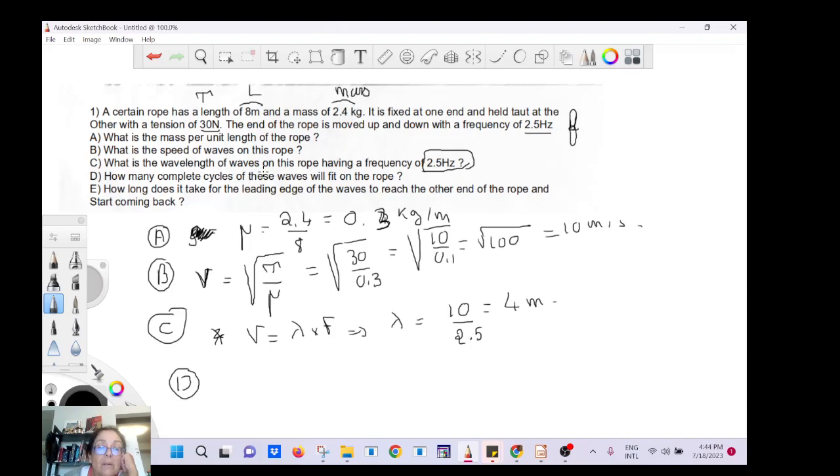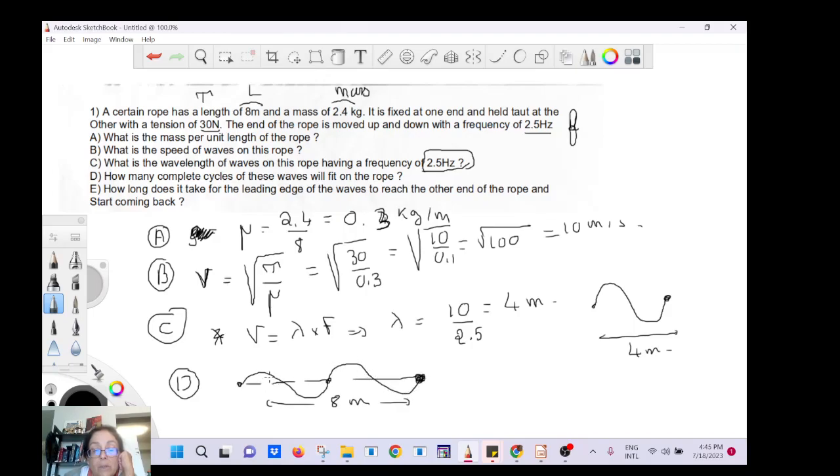Okay, D. So how many cycles of these waves will fit on the rope? So it's 8 meters long, right? So from here to there, it's 8 meters. And the size of one cycle is 4 meters. So how many of these can fit into this rope? So that's going to be 1, and then it's going to be 2. So it's going to be 2 cycles, 2 of them.